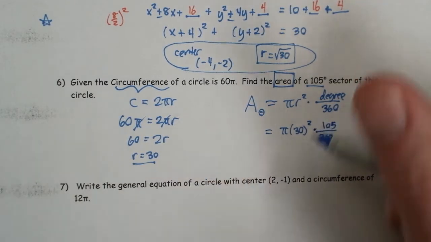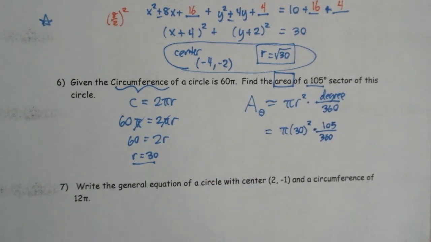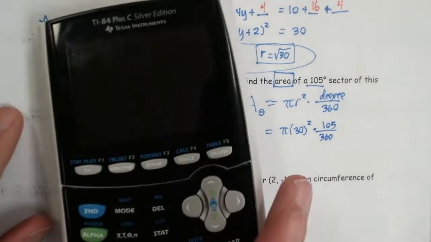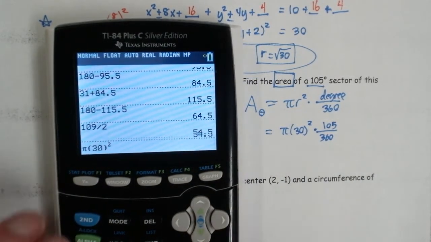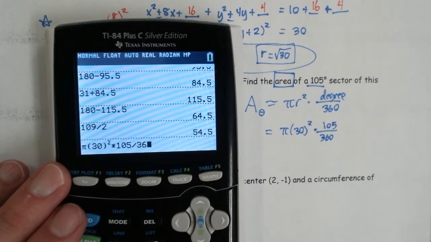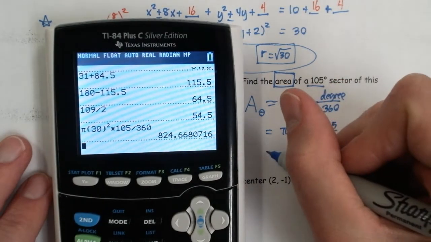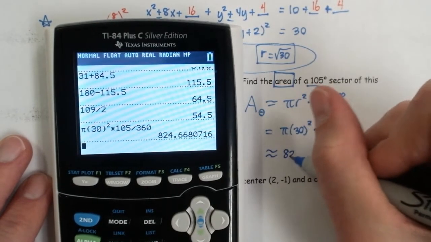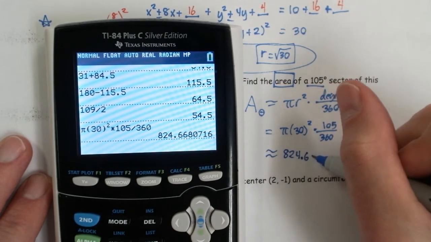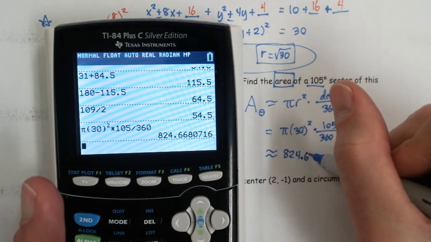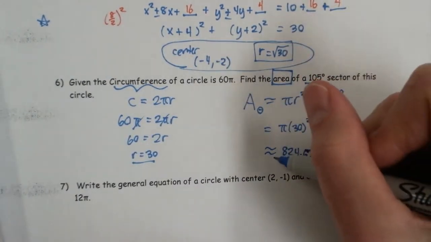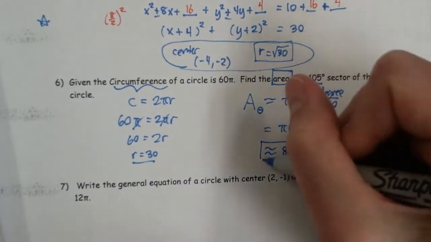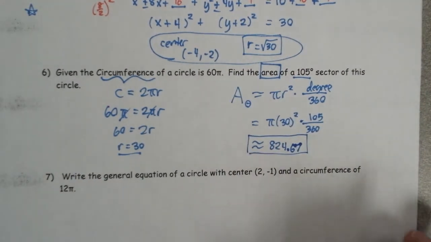So we're going to substitute that in, and we'll have to do that one in the calculator. That's going to be approximately equal to 824.67. It doesn't give me a unit, so it'll just be units squared. So 824.67 is your area.